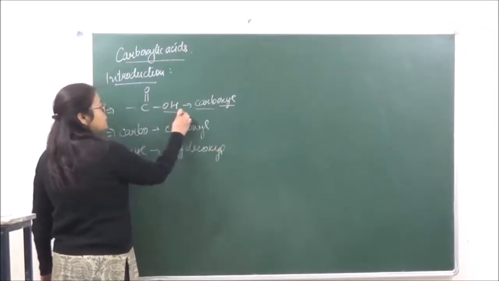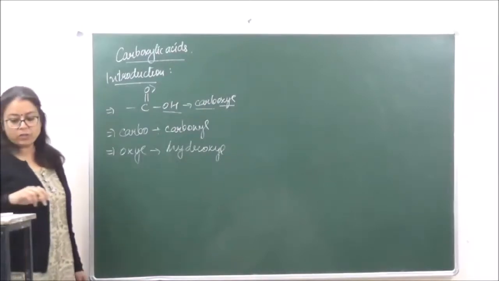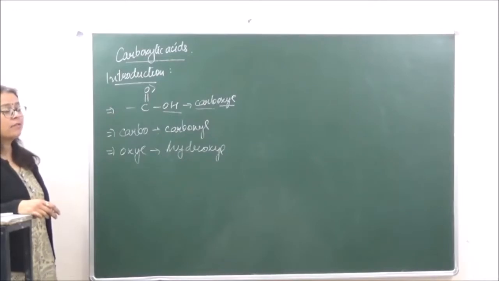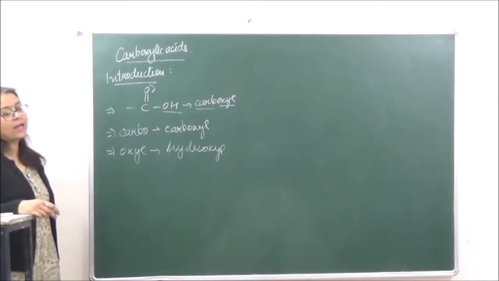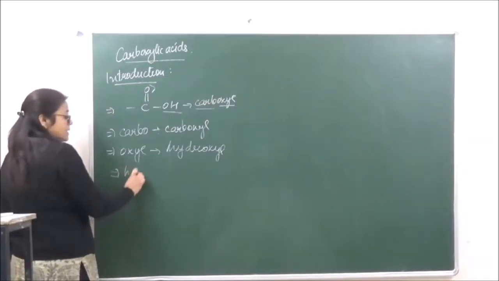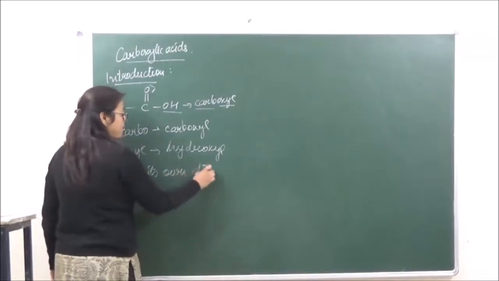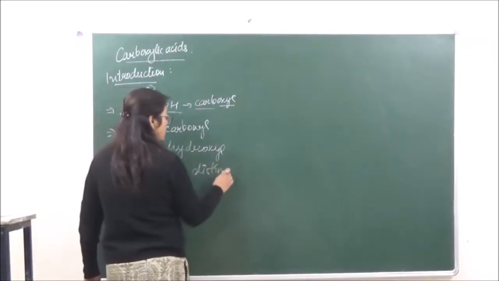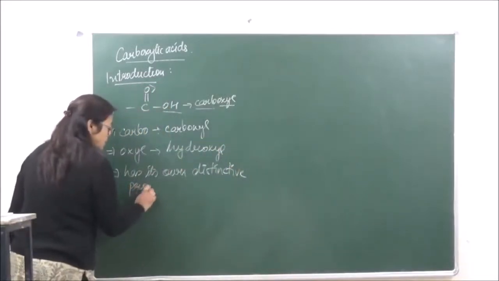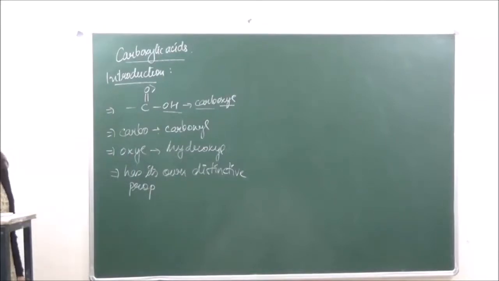So this is the hydroxyl group which is present, and this is going to be the double bond O, the carbonyl group which is present. But it is very surprising that it does not have the properties either of the carbonyl group or the hydroxyl group. The carboxyl group has its own distinctive properties, right?